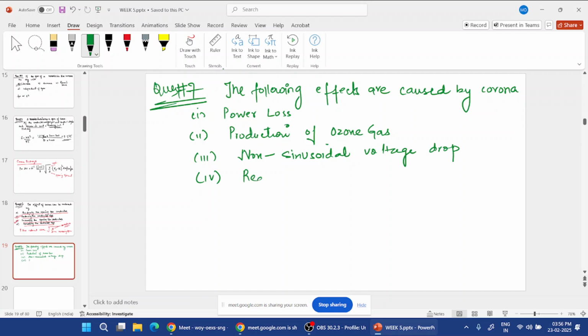Fourth is reduce the effects of transients caused by surges. So now tell me कि इसमें से कौन सा सही है. There may be more than one correct answer. Okay.